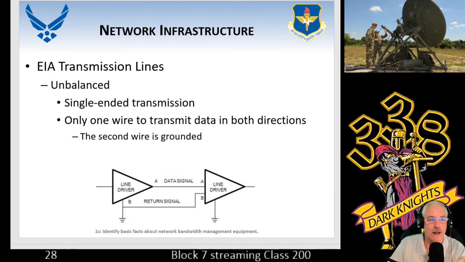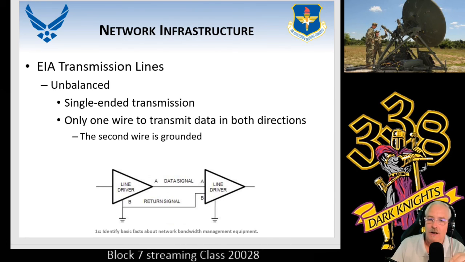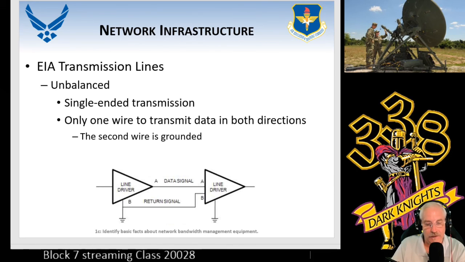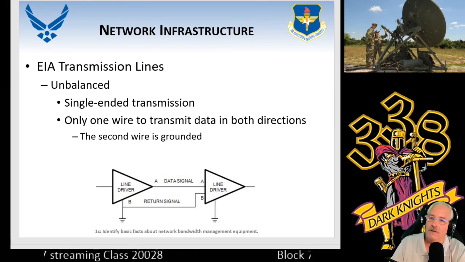So the next one we have is unbalanced. Now this is your coax cable. The bottom line on the coax cable is that you need a good communication ground, not to be confused with your electrical ground. Yes, they are separate. A lot of companies nowadays actually connect it to the ground for your electrical, and that's a no-no.